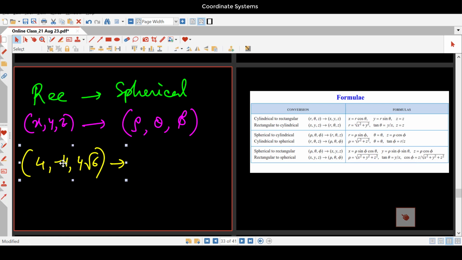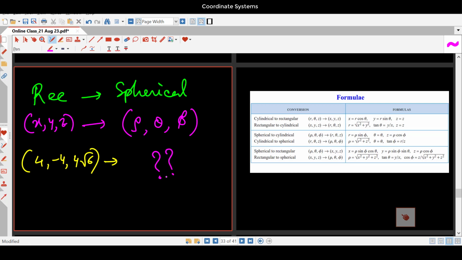We have now x, y, z. So what will be rho, theta, phi? We have to find this. Whatever point you can see here, the same point is this one, but the system is changed. Previously it was Cartesian, now we are thinking about the spherical coordinate system.